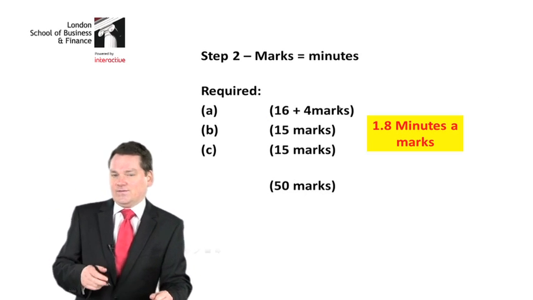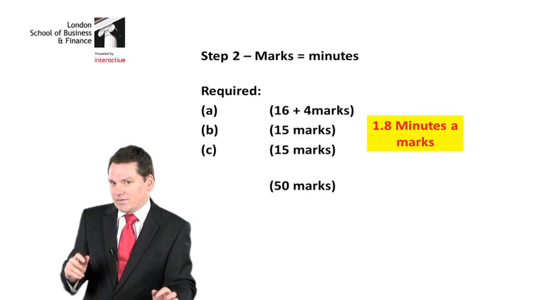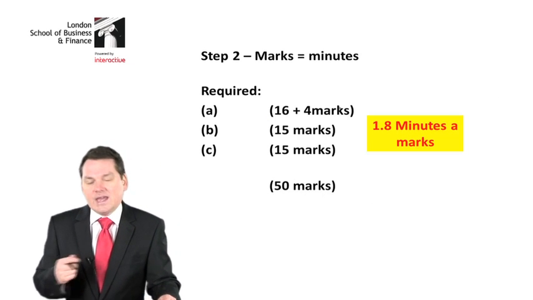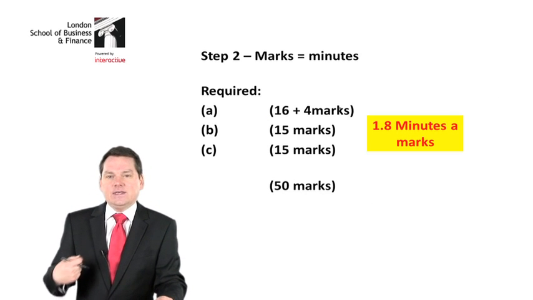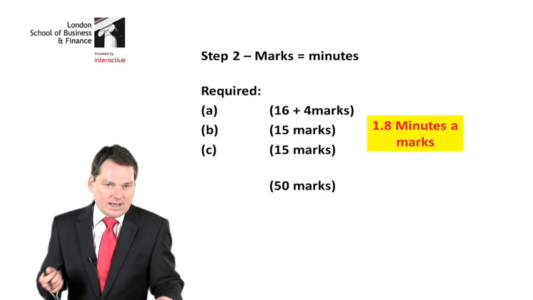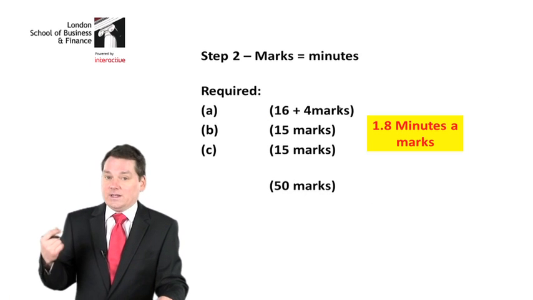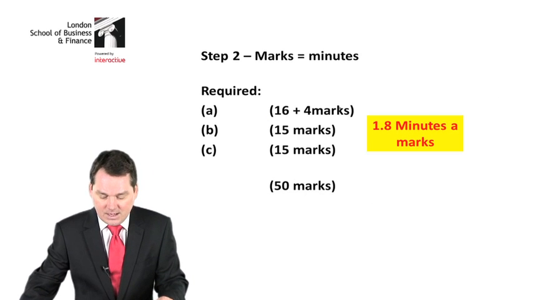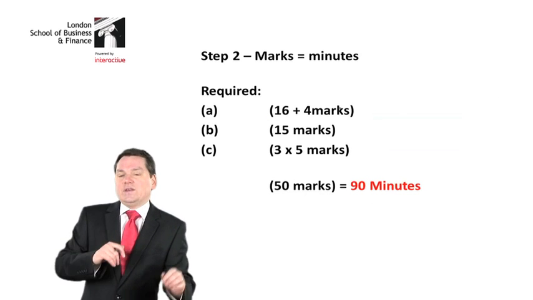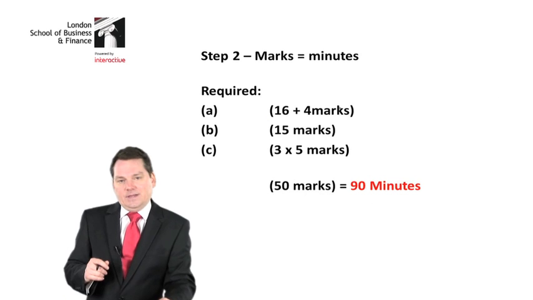As I say, for a moment, we won't worry about the professional marks. You get 1.8 minutes for each mark in the exam. You have been doing that. If you've got as far as P3, you've been told that for years as you've been doing the other papers. So, 50 marks is going to turn into 90 minutes.